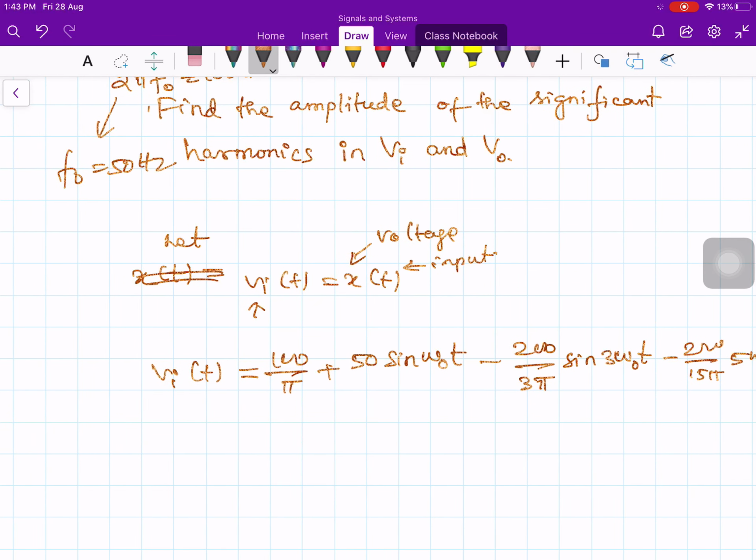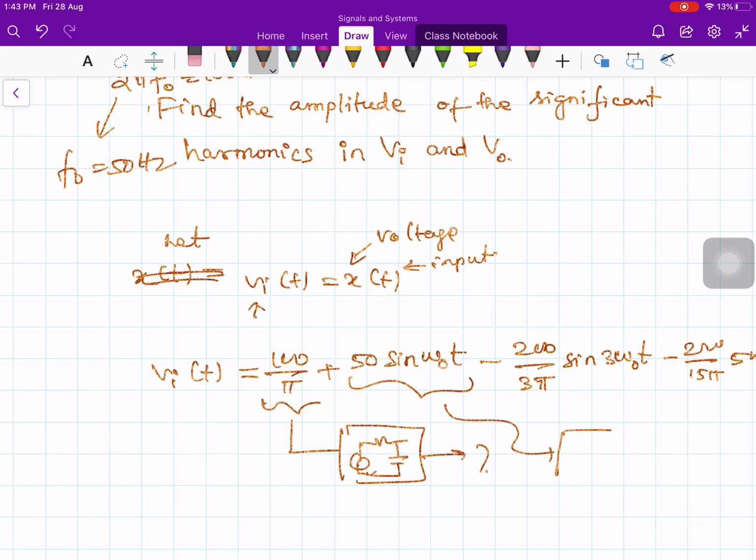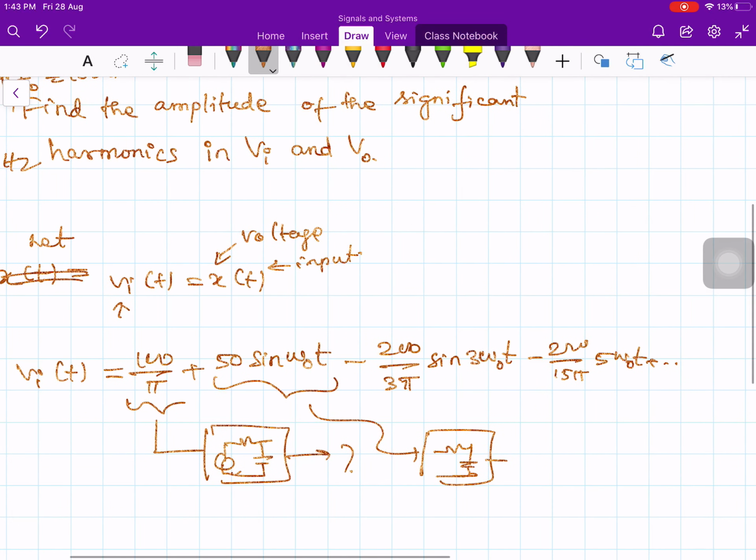For each one of these, we would like to find the corresponding output quantity. First, apply this one to the circuit. The circuit has a resistor and a capacitor, and then find the output. And then you take the next one, again apply it to the same circuit and find the output, and so on.